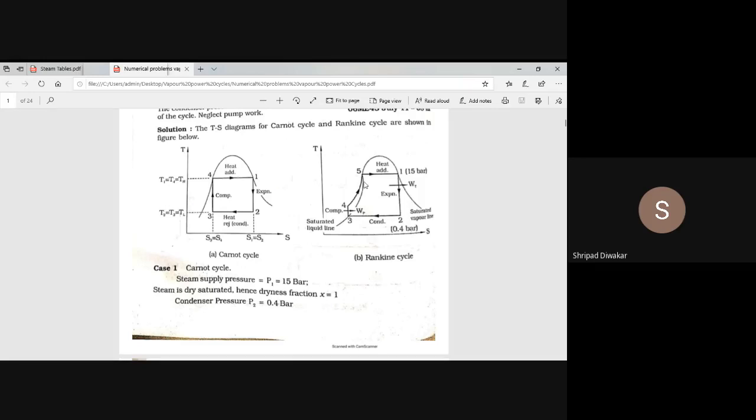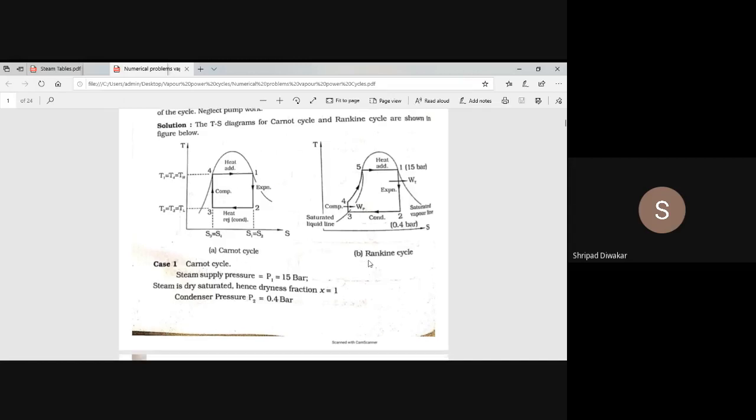Heat addition takes place at constant temperature, and we are going to express it in terms of enthalpy drop. So you have to take H1 minus H3 if pump work is not there. If pump work is there, heat supplied is given by H1 minus H4. That is a formula you should remember. Rankine cycle efficiency is given by net work done divided by heat supplied.